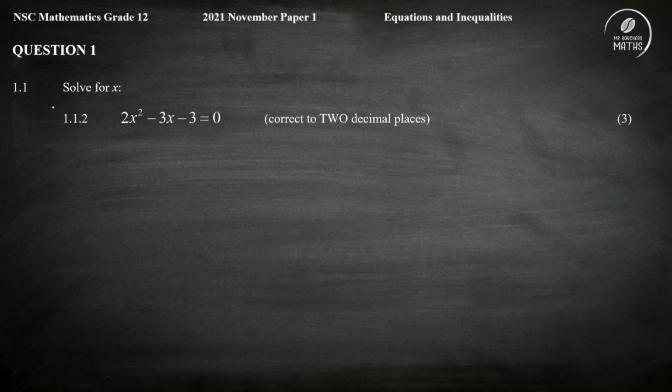All right. Question 1.1.2 is also a quadratic, but when you see this clue, having to solve it correct to 2 decimal places, that means we're going to have to use our quadratic formula to get it solved.